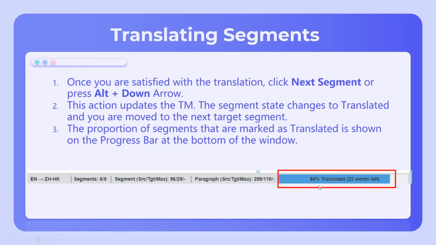And this is a percentage of how much has been translated, with 22 words left to be translated. So we will take a look at this progress bar to find out how much has been translated.